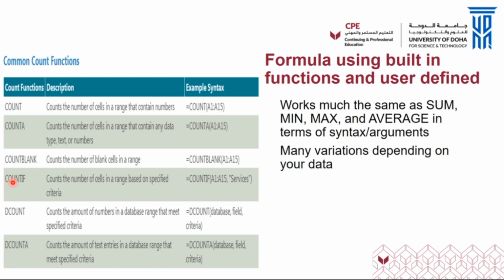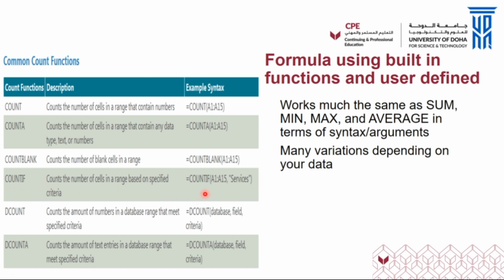COUNTIF is an advanced version of the count function where it counts the number of cells in a range based on specified criteria. So it will count the cells only if the criteria is met. Only if. So COUNTIF.